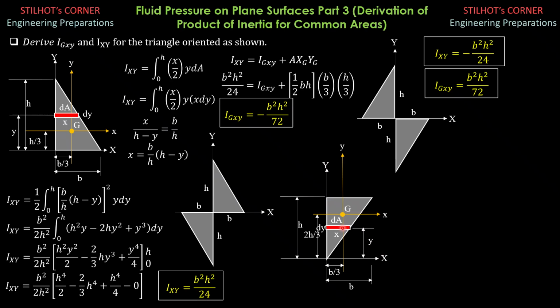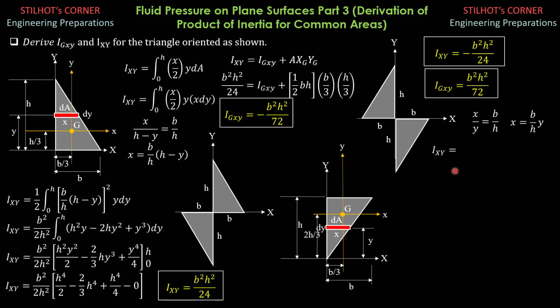But the relationship would now be x as to y, similar triangles, is equal to b as to h. So that is x as to y equals b as to h. So x this time is b over h times y. And the product of inertia with respect to the xy axis would be this same formula. We just replace this by y.